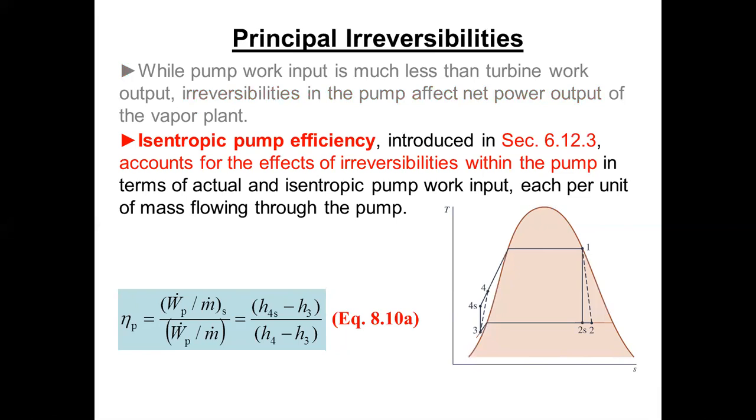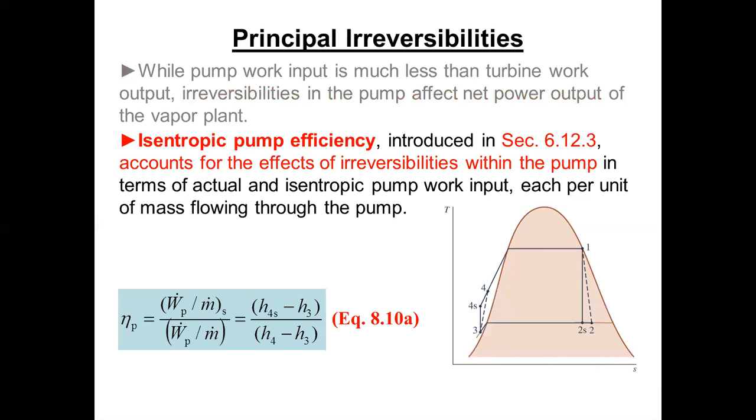Remember, the turbine had work output, and so that put the ideal turbine in the denominator. But in this case, if it's a work consuming device, the work required is going to be in the numerator, because the real pump is going to require more. And so we have to flip the definition, if you will, to make this come out between 0 and 1, because the real pump is going to require more work than the ideal pump.